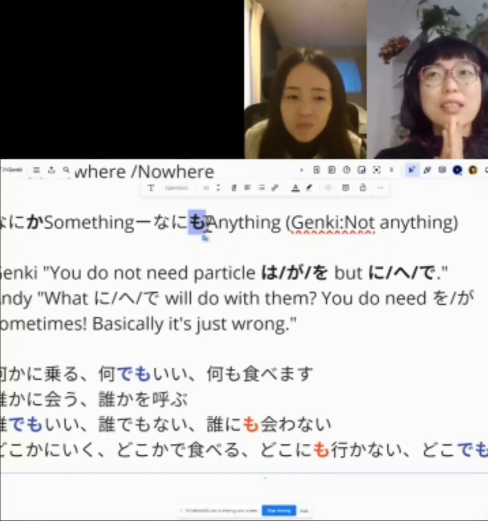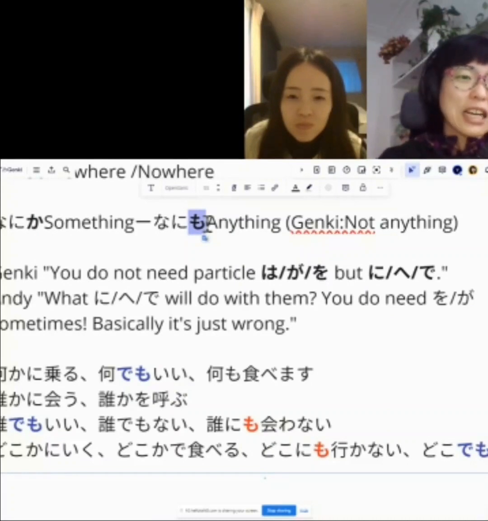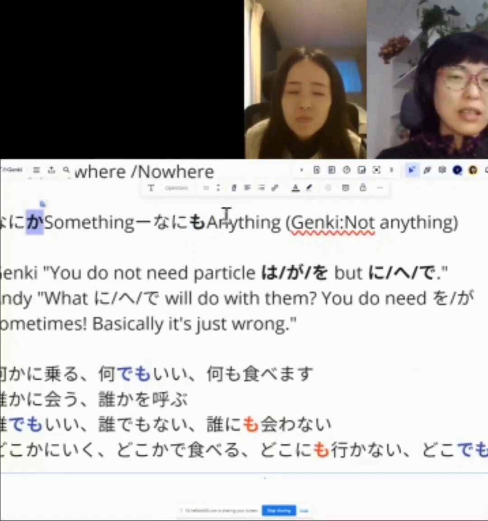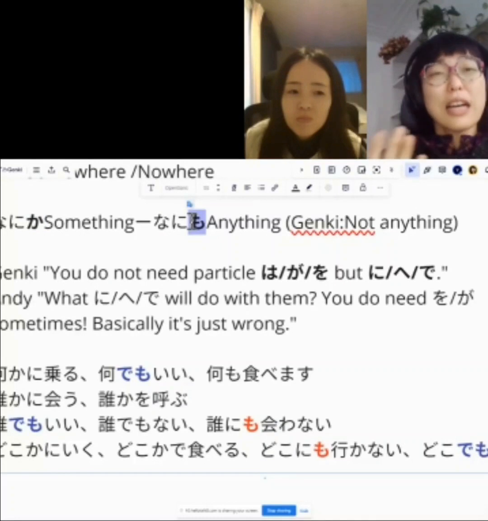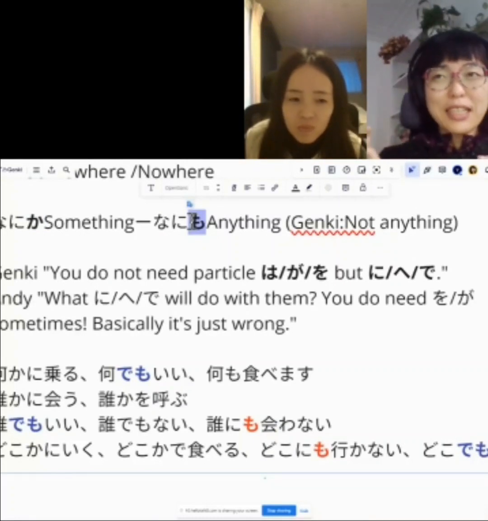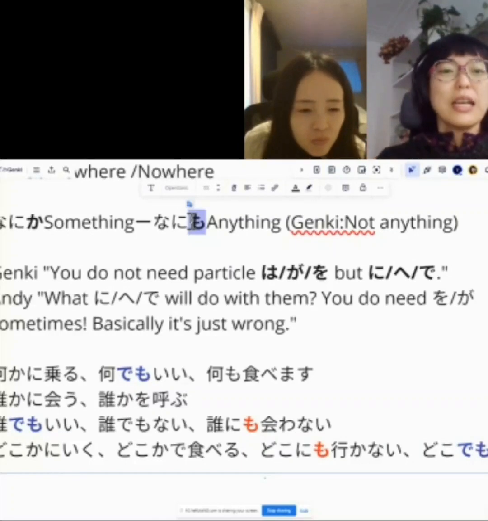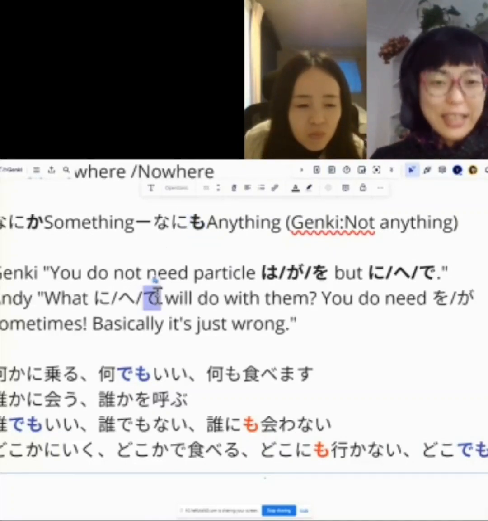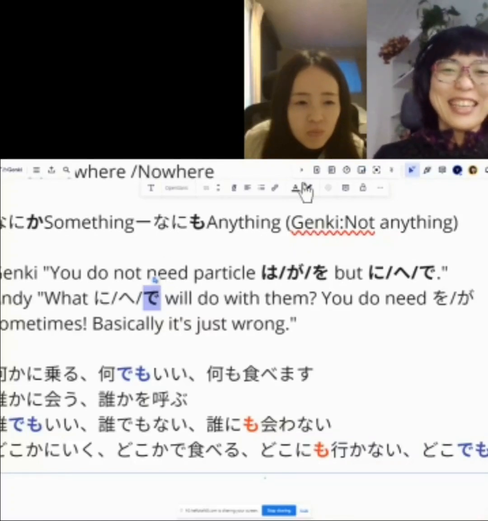But what happened? This ka particle or mo particle combined with a lot of question words or combined with other particles, because ka or mo itself is a particle, right? Ka is a question particle. Mo is a similarity particle. But if you combine with de, that's the exception.